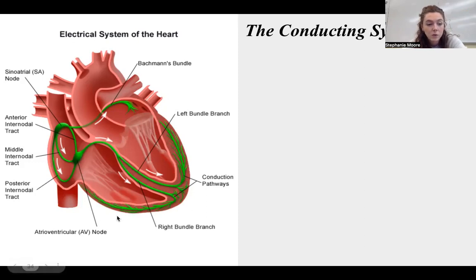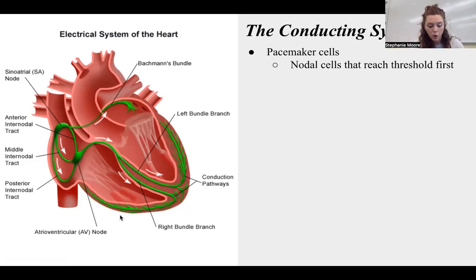And I talked about how this is super important because those fibers are actually going to contract from the bottom up. So in this conducting system, I talked about pacemaker cells. The nodal cells are going to reach threshold first. These are pacemaker cells.